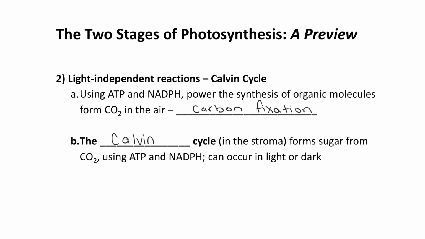The Calvin cycle occurs in the stroma, and this formation of sugar from carbon dioxide, which does require energy from ATP and NADPH, can occur in the light or the dark. These reactions are light independent, so they do not require light in order to occur.